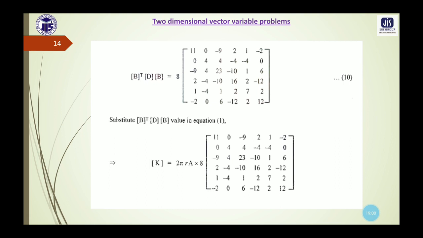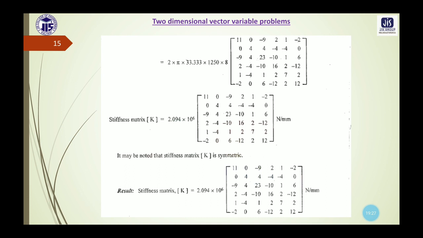Now to calculate the value of the stiffness matrix, the last part of the formula, that is the multiplication of the three different matrices, we have calculated. That part we need to multiply with 2 pi r and a. The value of r we have already calculated, which is 33.33, and a, the area of the triangle, is 1250 millimeters square.